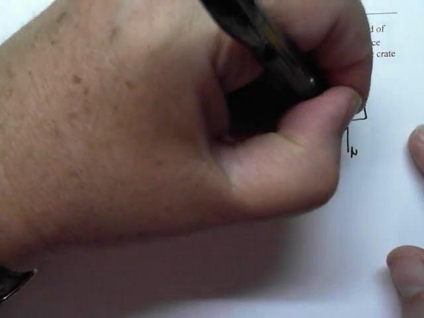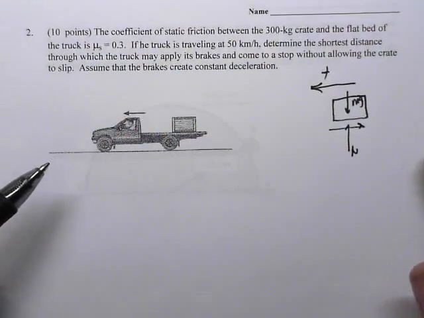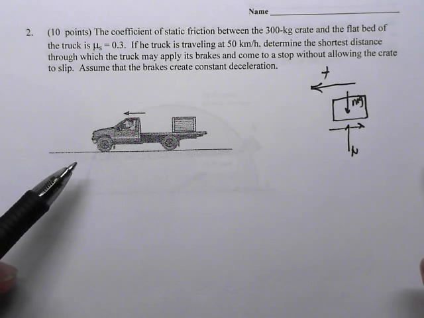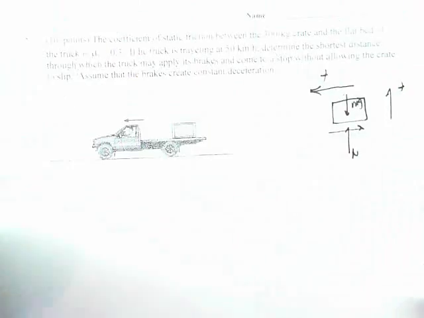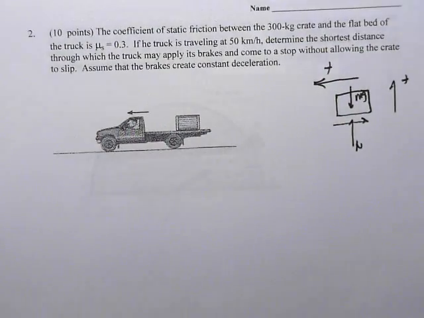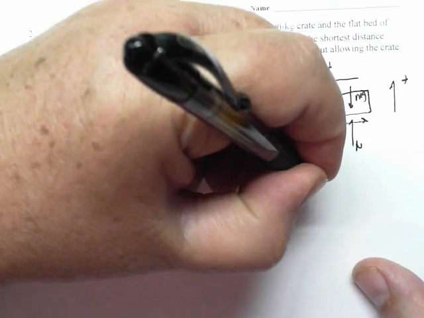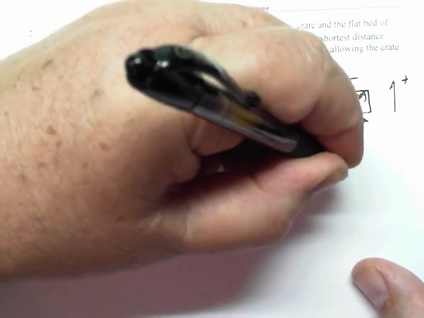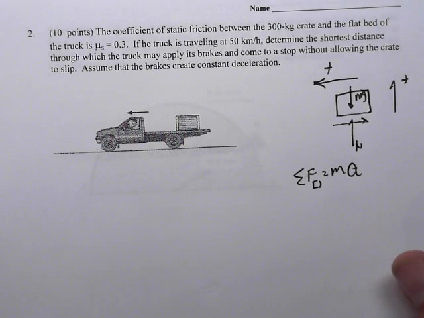We're going to have a friction force that's going to resist the block sliding toward the left. Okay, and let's call up the positive direction. And so what we can say is sum of forces on the box is equal to mass times the acceleration of both the box and the truck.